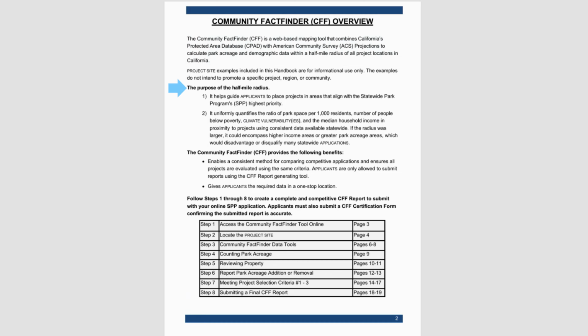The half-mile radius serves two important purposes. First, it helps applicants identify projects that align with SPP priorities.